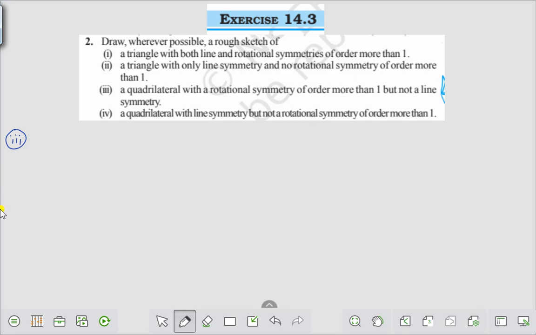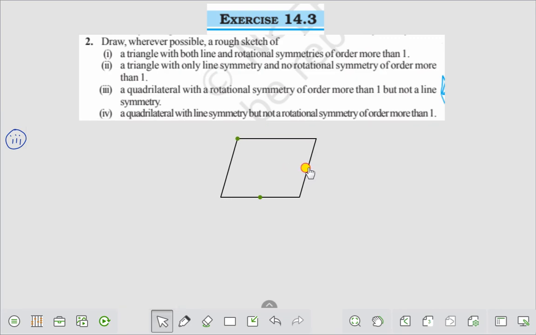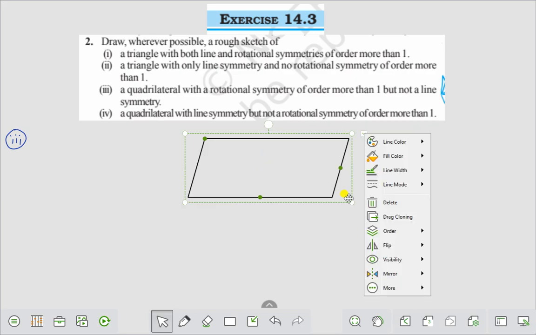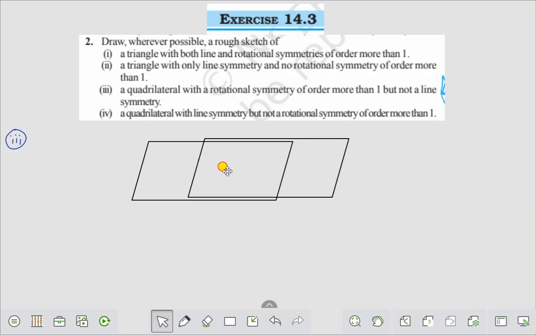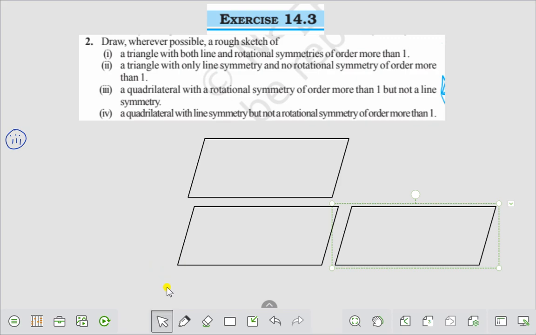Let us take a parallelogram, increase this length, and clone it by dragging. One is here and another is here. We name it ABCD. This is A, this is B, this is C, this is D.